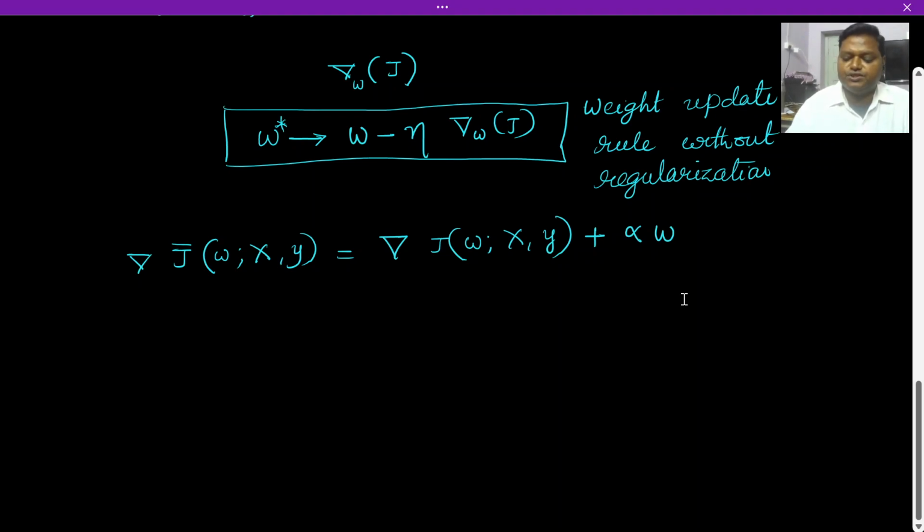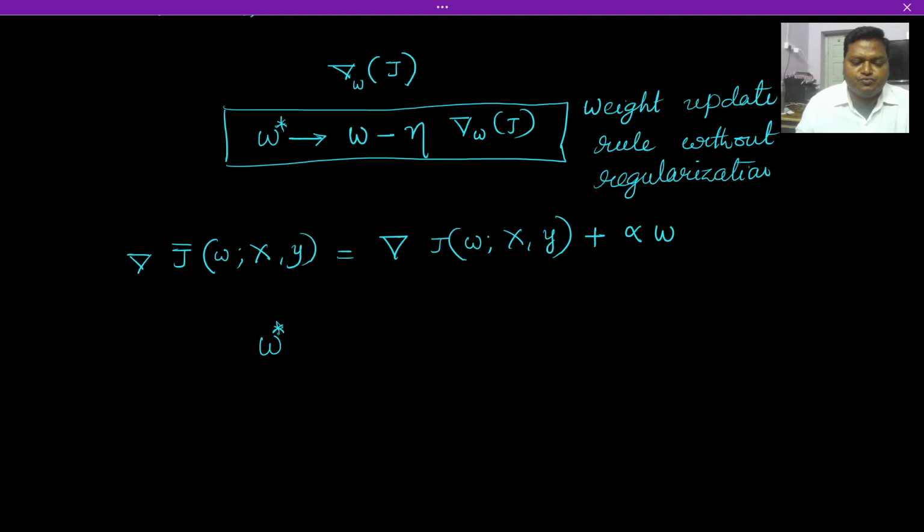And now let us calculate the weight update term. So the new weight, which we can call w star, is calculated as w minus learning rate eta into the new gradient. What is the new gradient?